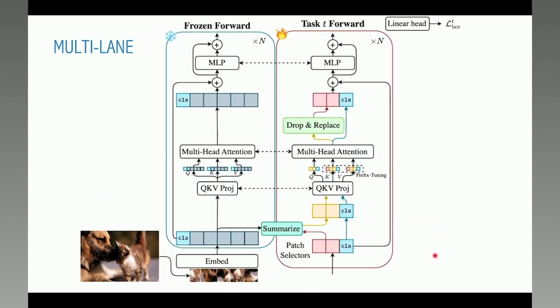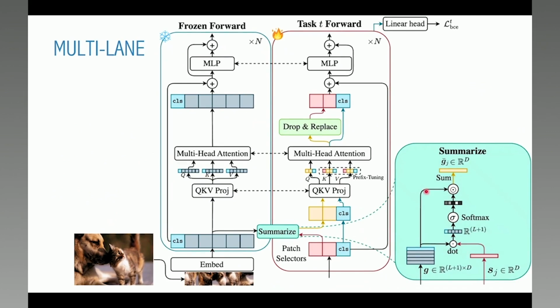And then this is the original part of our approach, where, as I told you, you have some patch selectors, and then you are creating some summarization. The summarization is illustrated here, where we are computing some importance weights associated to the different patch tokens. And then the output of this summarization is used in the multi-head attention, making this forward much more efficient.